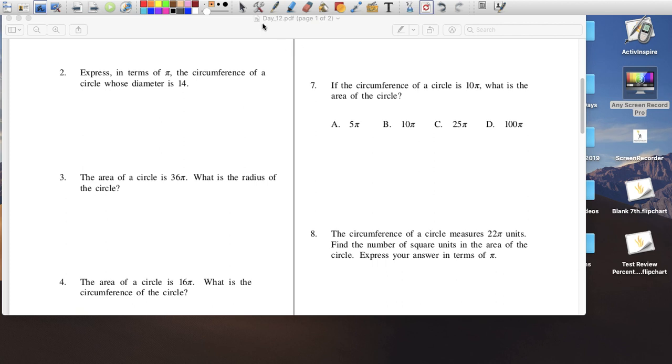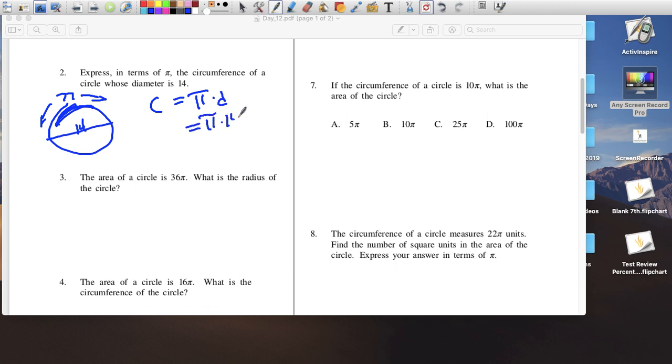2. Express in terms of pi the circumference. Again, here's a circle, and I want the circumference. In this circle, I note that this whole thing is 14, and what I'm missing is the circumference, the distance around this circle. I don't know what it is. So C equals pi d, and I know that the diameter is 14.